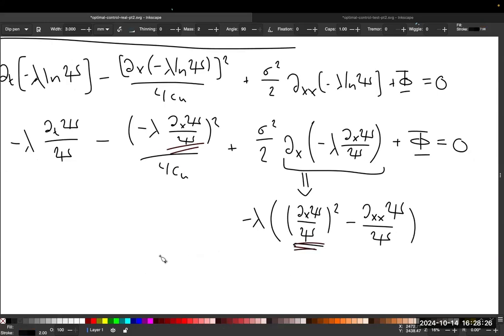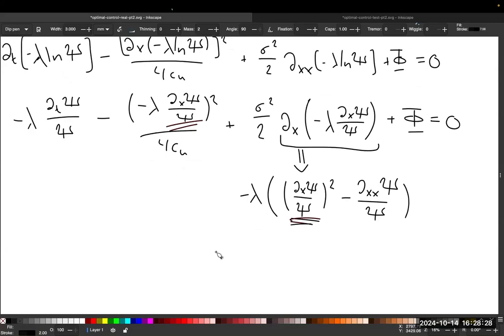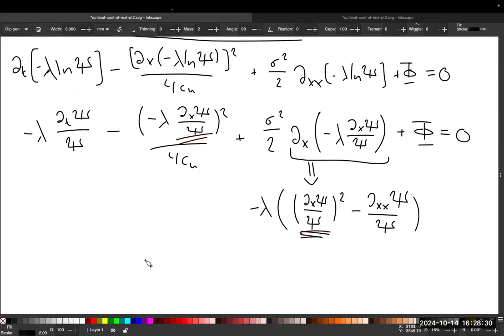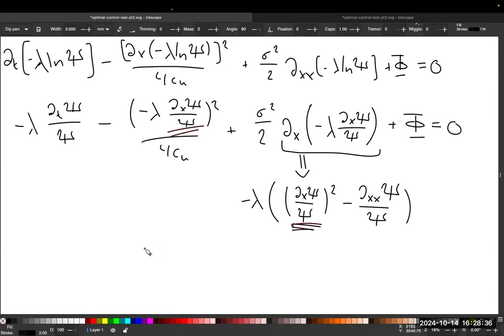What we want to do is choose lambda so that these terms cancel out. So just to write it out, I can write 1 over psi squared on the outside. We have lambda over 4cu times partial x psi squared.